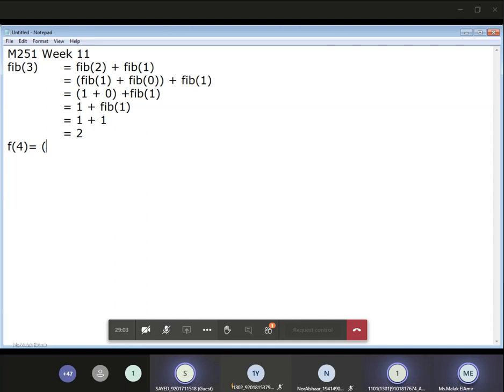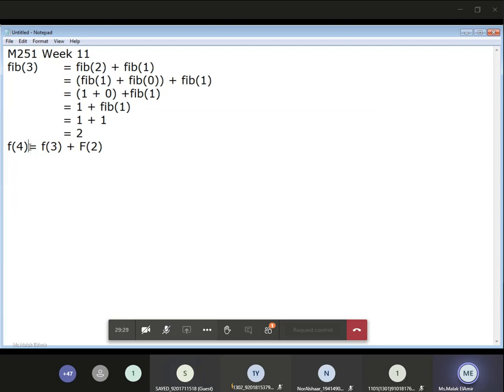Fibonacci of 3 and Fibonacci of 2. Where is Fibonacci of 3? This one. And where is Fibonacci of 2? Starting from this one. So what will be Fibonacci of 3? Yalla.